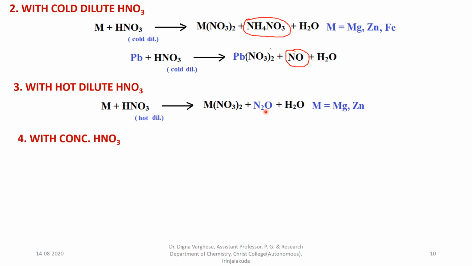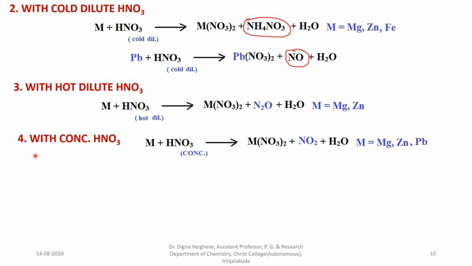With concentrated nitric acid, magnesium or zinc or lead reacts giving the corresponding nitrates and nitrogen dioxide with water.